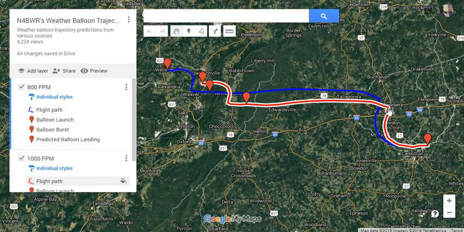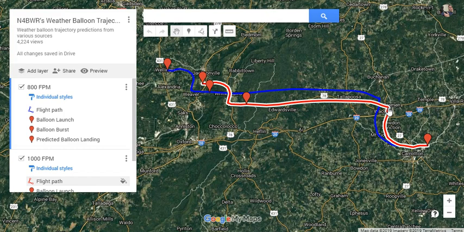But fine-tuning that exactly is basically impossible because it comes down to the manufacturing of that specific balloon. If you launch two 1,200 gram balloons at the same time with the same payload and weight and the same amount of helium, there would be differences in their burst altitudes just because in manufacturing one was slightly weaker than the other.